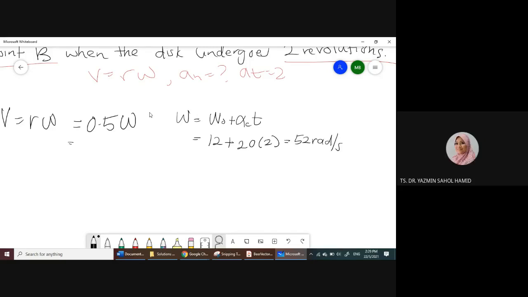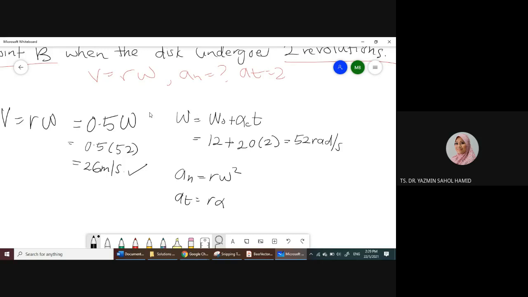Okay, so you just multiply 0.5 times 52. What do you get? 26 meter per second. Yes, 26 meter per second. So you're done. Next, you need to find AN, which is R omega squared, and then AT, which is R alpha.